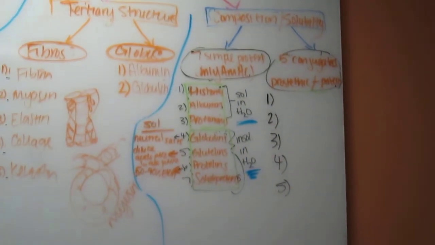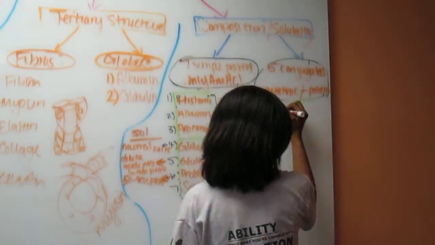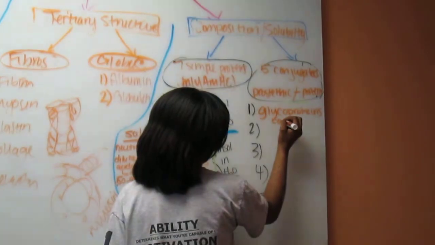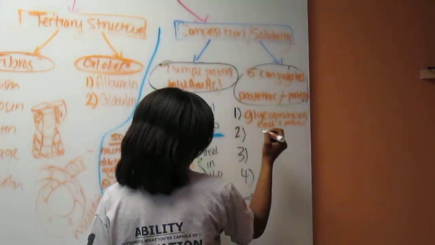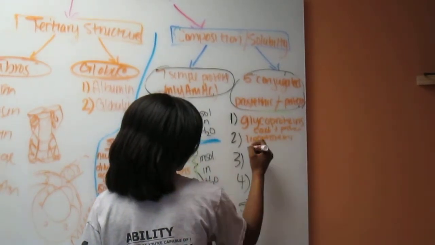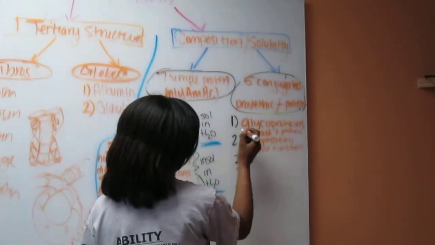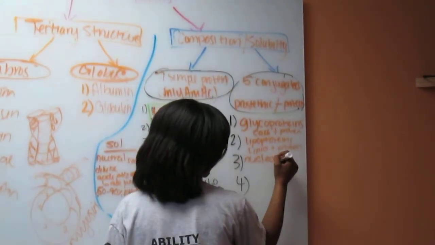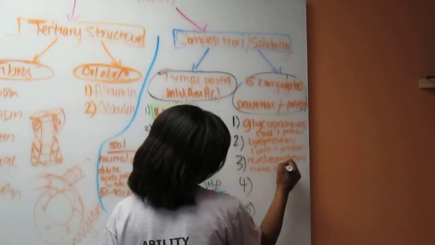The 5 conjugated proteins include glycoproteins, which is carb plus protein. Lipoproteins, which is a lipid plus a protein. Then you have nucleoproteins, which is nucleic acid plus protein.